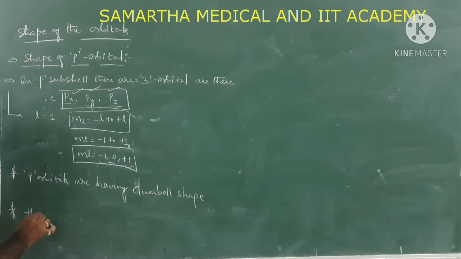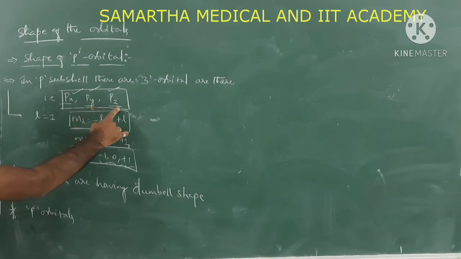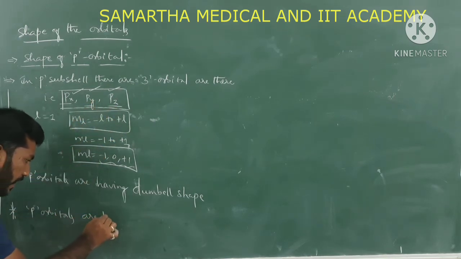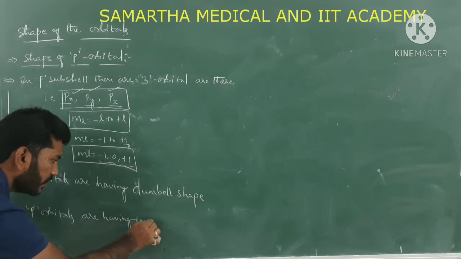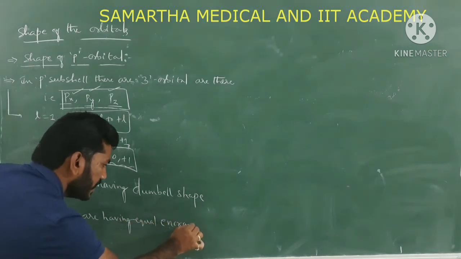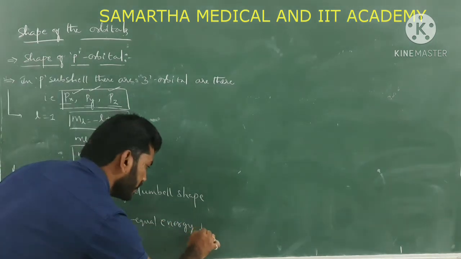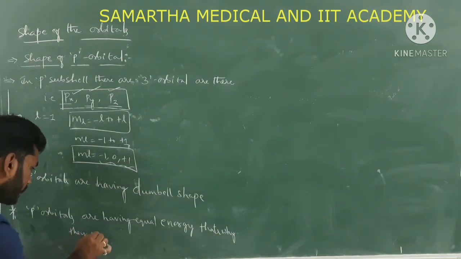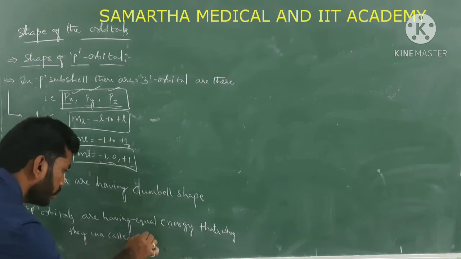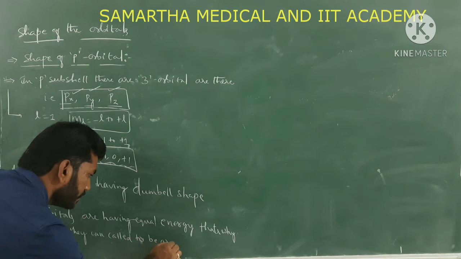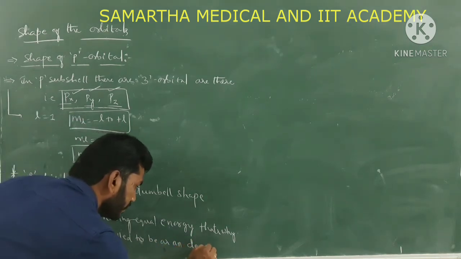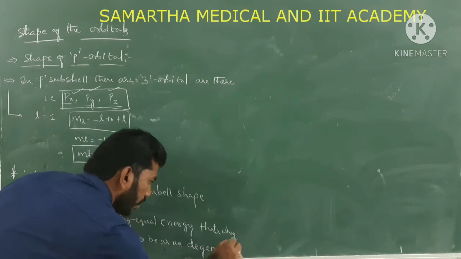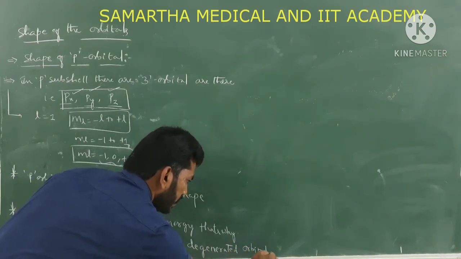So these p orbitals, px, py, pz, have equal energy, that's why they can be called degenerate orbitals.